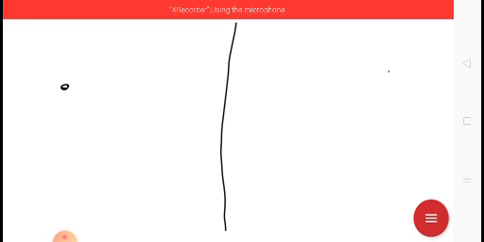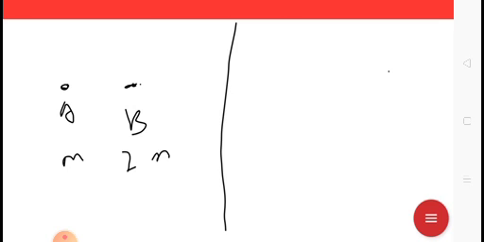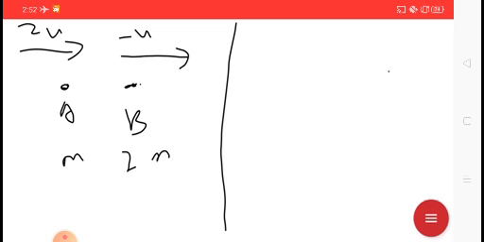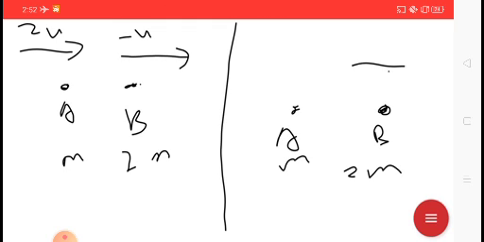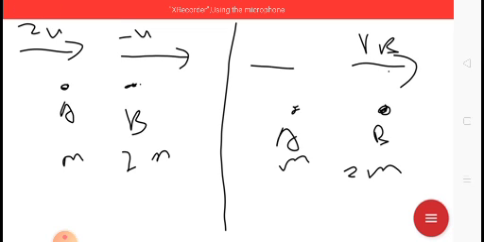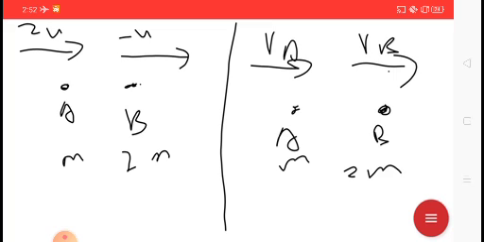Before is, let's say, A and B. A is m, B is 2m, and you have negative u for B, and 2u for A. After, you have A, m, B, 2m, with VA and VB.